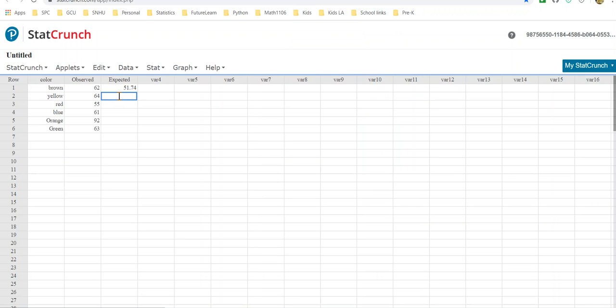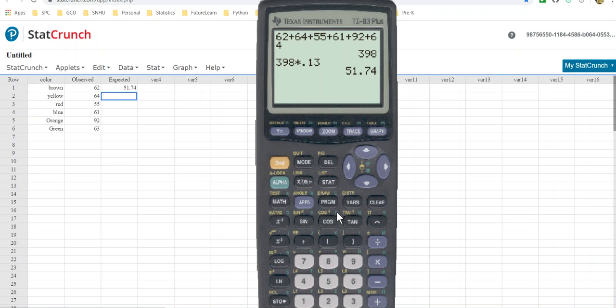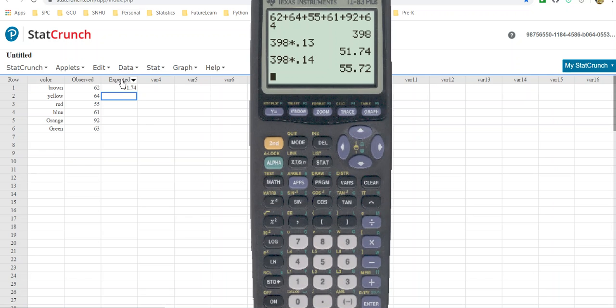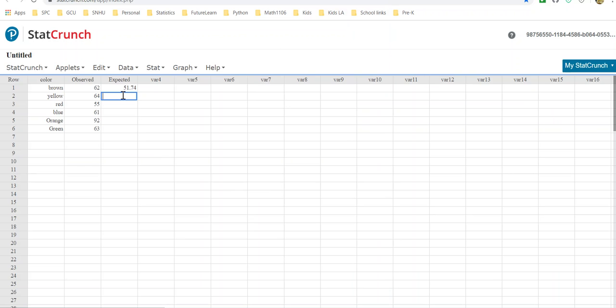My problem assumed 14% were yellow, and so I go back to my calculator and I take 398 and multiply it by that percentage, which is 0.14. I get 55.72.